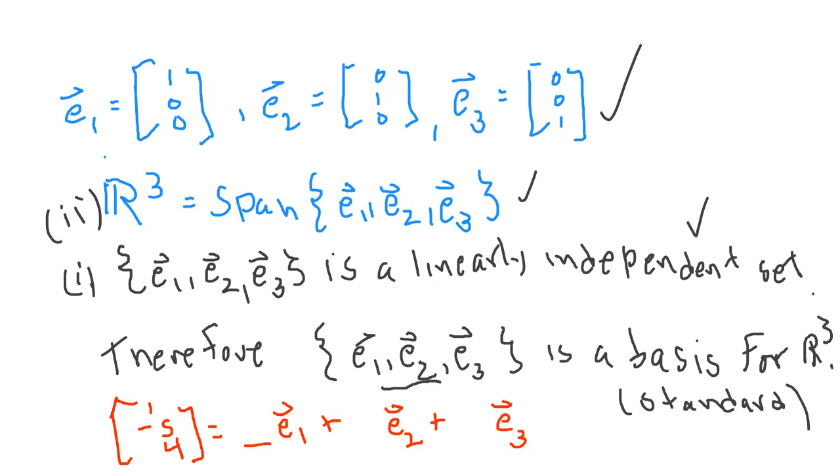So what numbers are going to go here? Good: 1, -5, and 4. Any vector in R3 can be written as a linear combination of those vectors. Very easy to see. That's why we call that a standard basis.